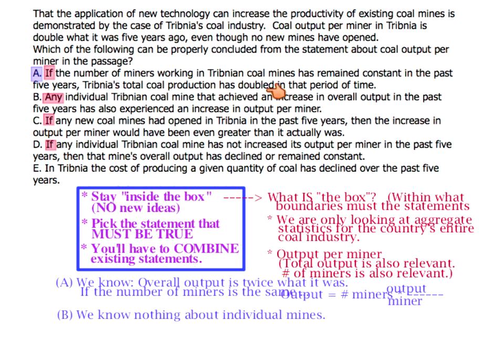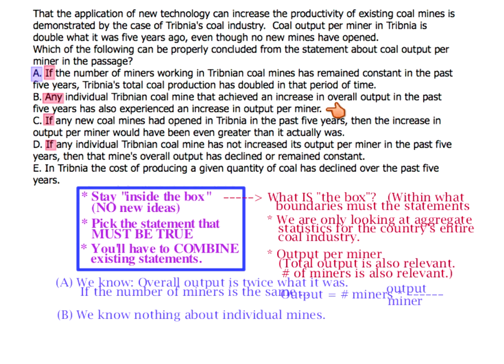Because B would be about individual families. Like B would be if you had an extended family that had more babies, and they must have also had more women having babies. Well, we don't know that. If you had one school in our district that had more science projects, they must have also had more science projects per kid.